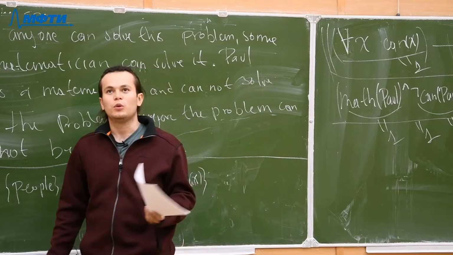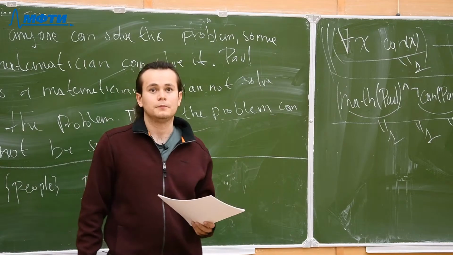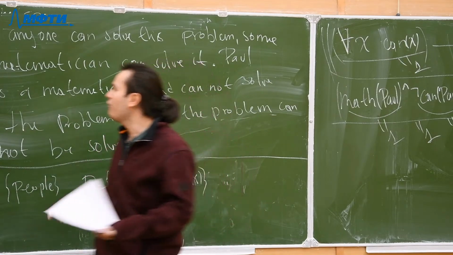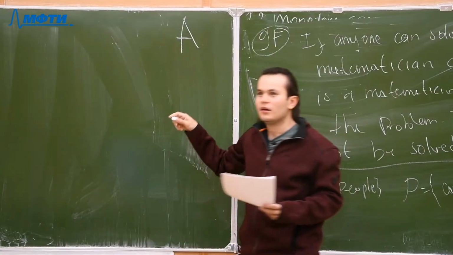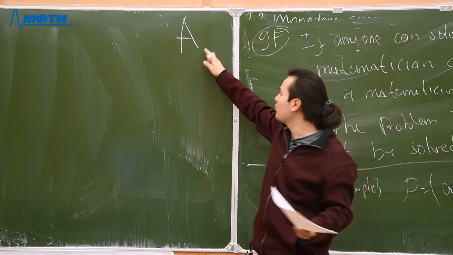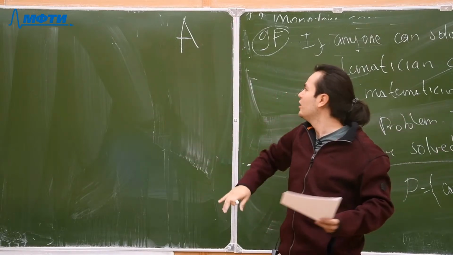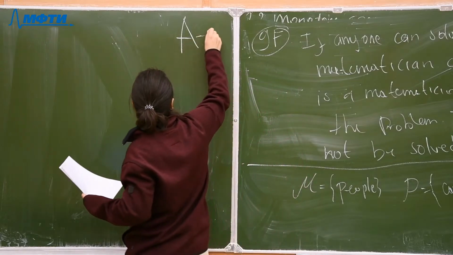We have an alphabet A, and we have some items here, some letters or elements, let's call them symbols. So this is an alphabet.